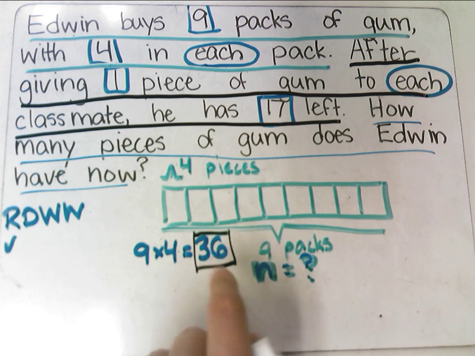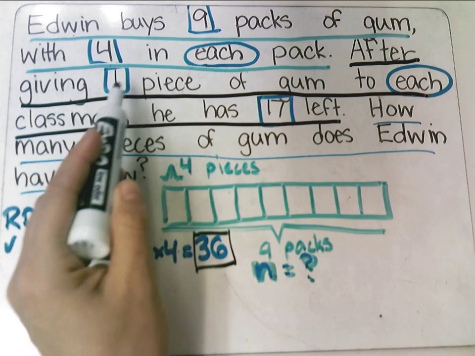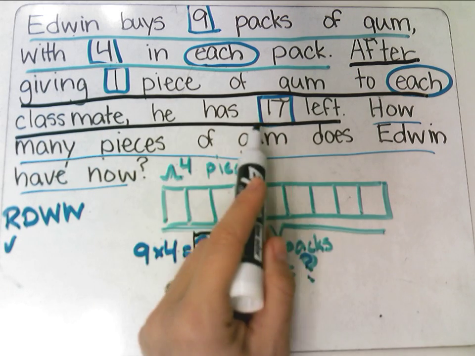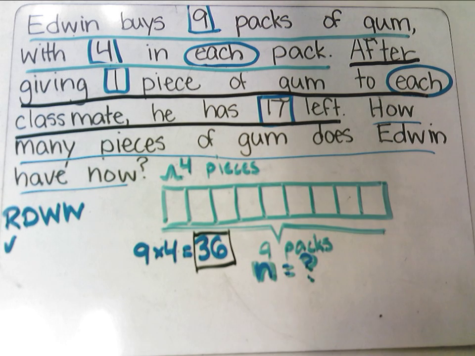But now it says, after giving 1 piece of gum to each classmate, he has 17 pieces left. So if he has 17 pieces left, we need to figure out how many pieces Edwin has after he gave some pieces away.